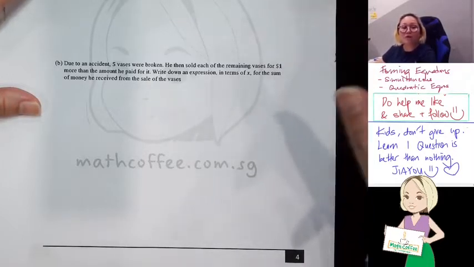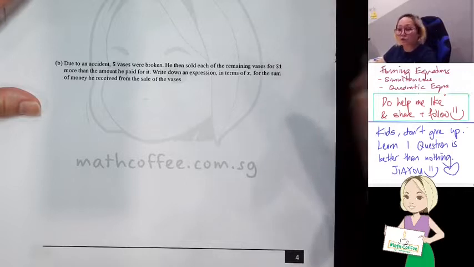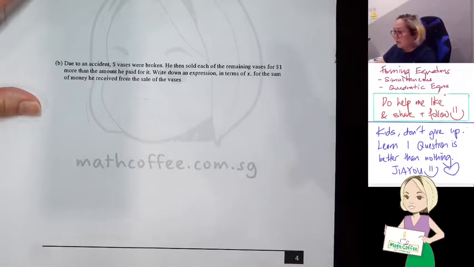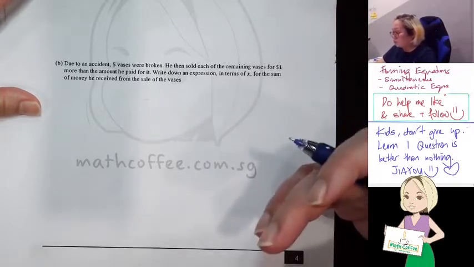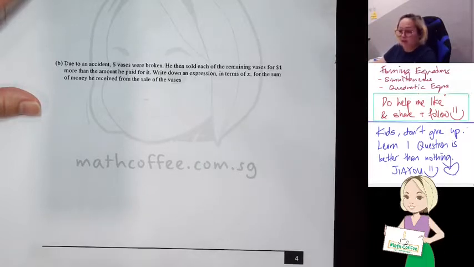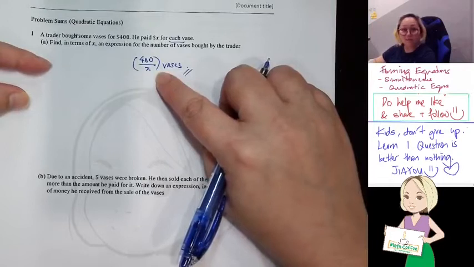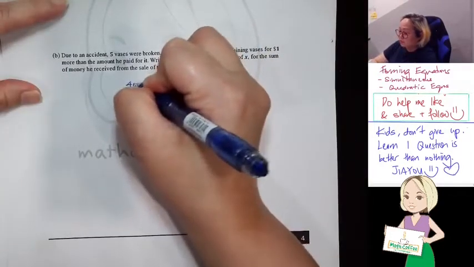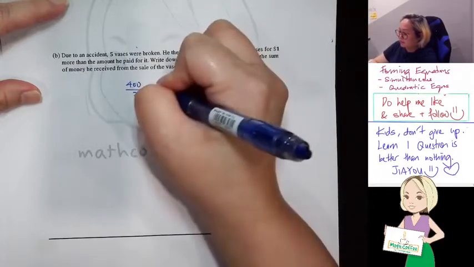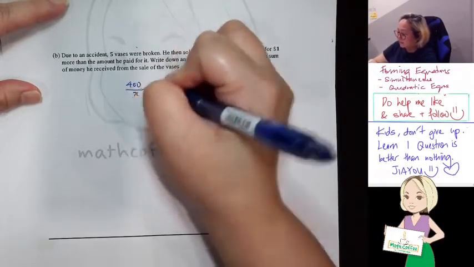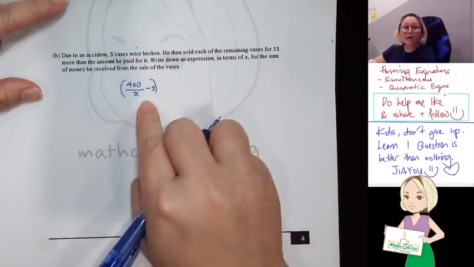So first of all, you need to find out how many vases you are able to sell. Because you broke 5 vases, correct? And just now we have 400 over X vases. That's the original. So the number of vases that you left is 400 over X minus 5. So this is the remaining number of vases.